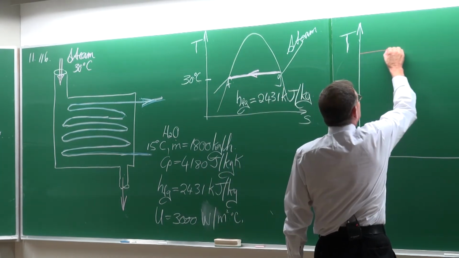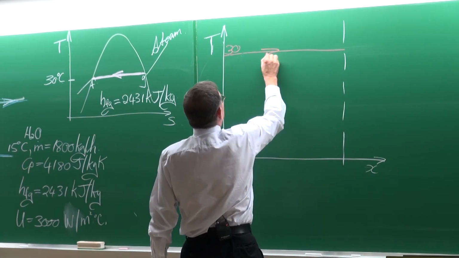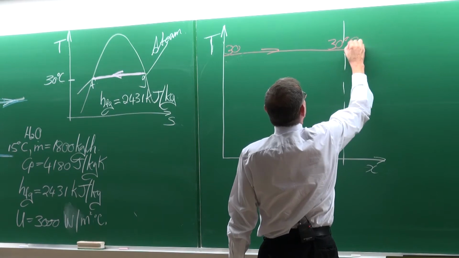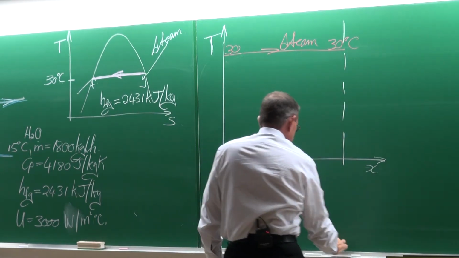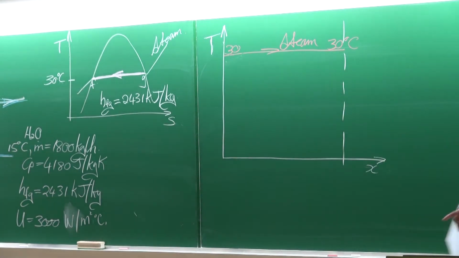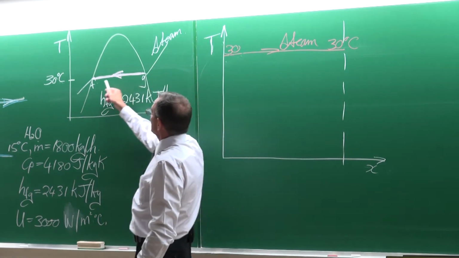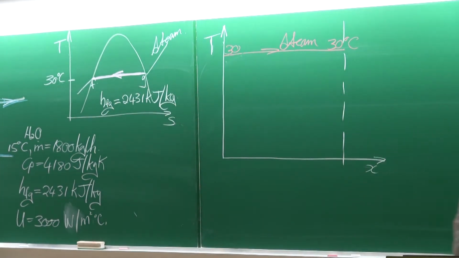So if we show it schematically, then if that was the inlet temperature, then the outlet temperature of the steam remains constant if there's no pressure drop. If there's a little bit of a pressure drop, then of course that would not be the case, but that you can take into consideration in more sophisticated calculations.